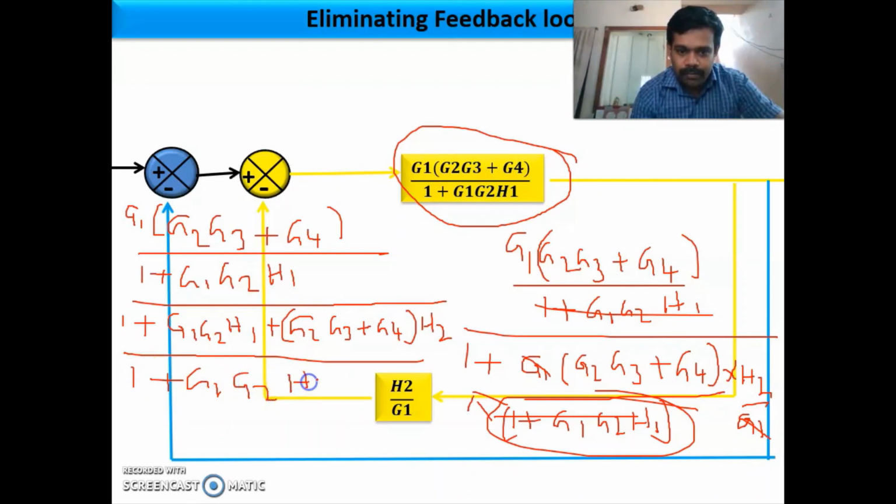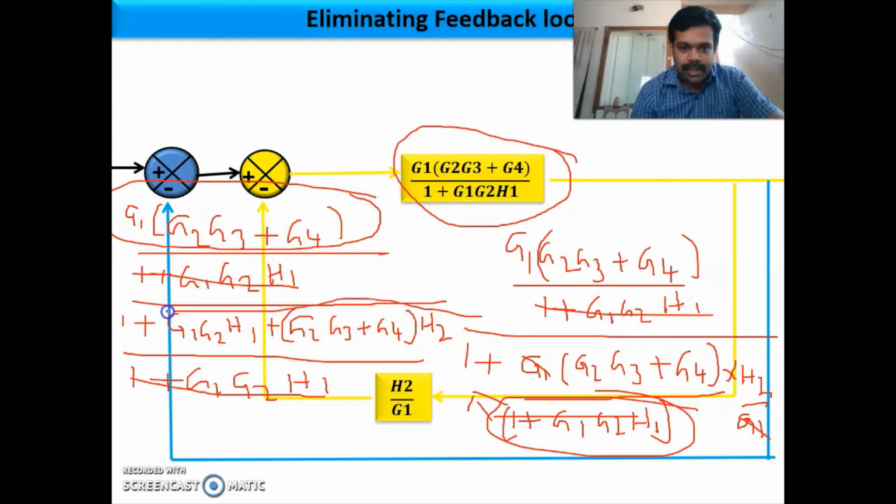Okay. So we have to cancel these two. So we will be getting G1 into G2, G3 plus G4 divided by these two terms only. This is in the numerator and this is in the denominator. Okay. So in the next diagram we can see.